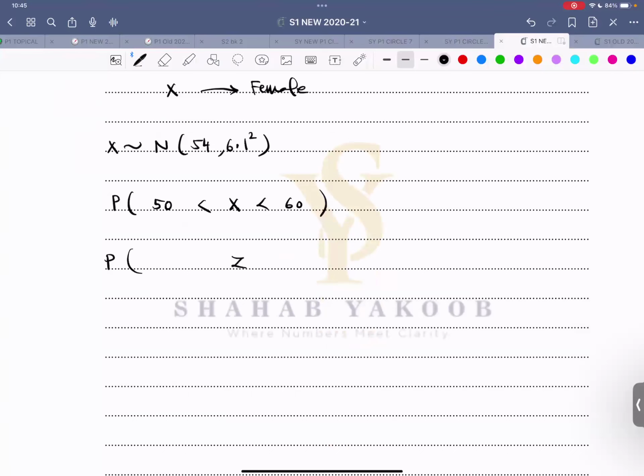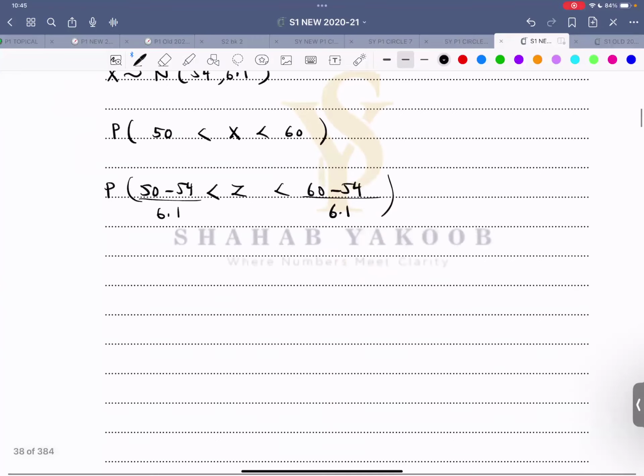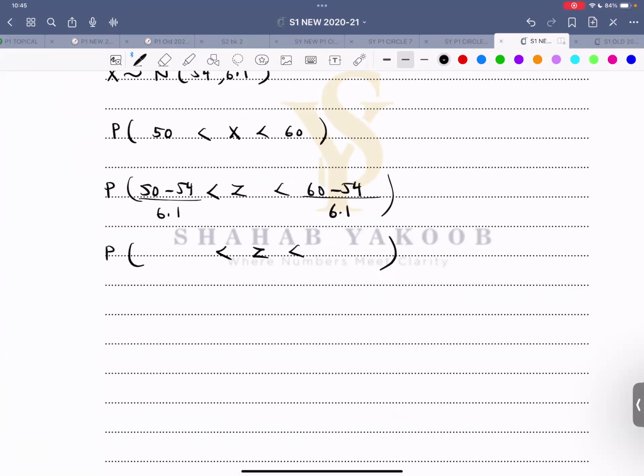Probability Z lies between 50 minus 54 over 6.1 and 60 minus 54 over 6.1. Close the bracket. Probability Z lies between two values, one is positive, one is negative. So grab your calculator and take out these values. Let me use my calculator.